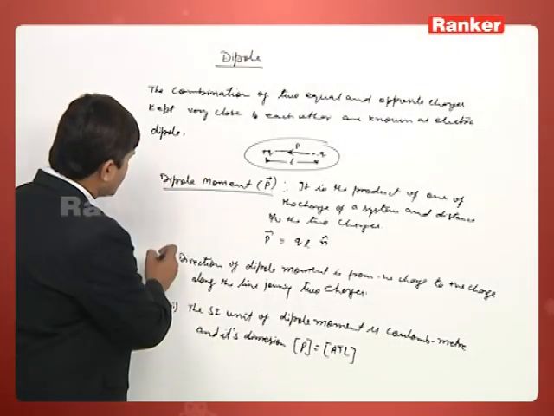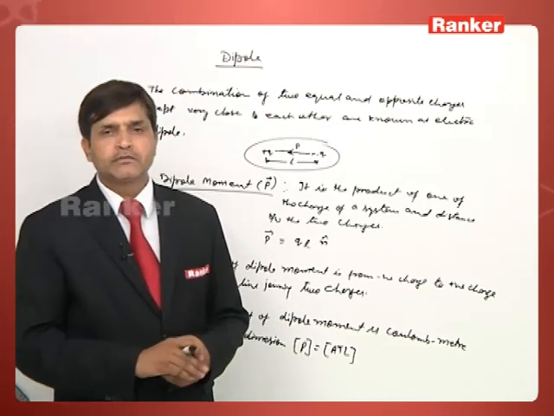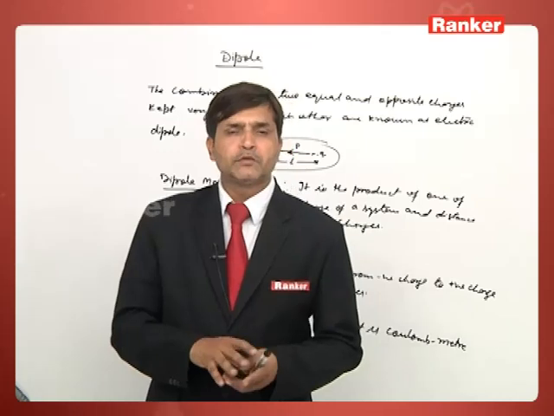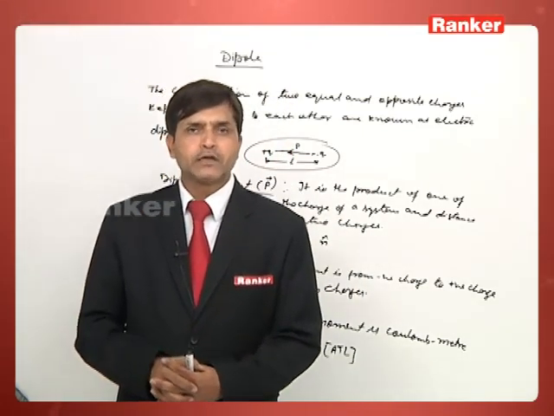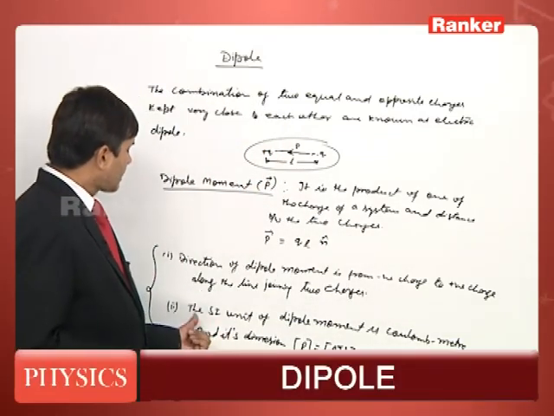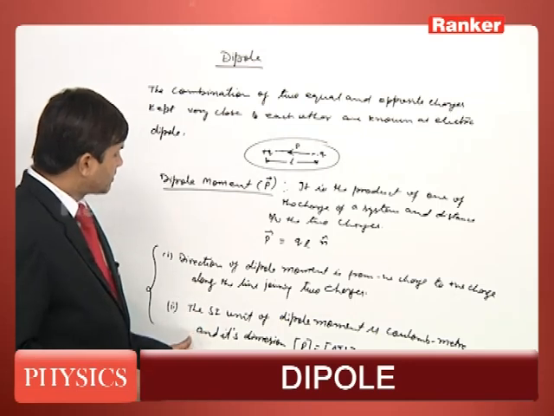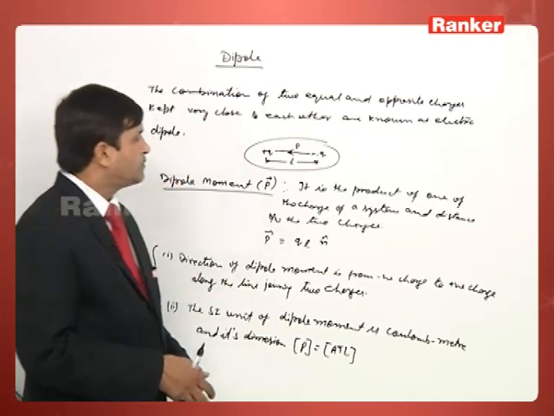These two are the important points regarding dipole moment. One is the direction of dipole moment, which is always from negative charge to positive charge along the line joining the two charges, and dipole moment is a vector quantity. Second is the dimension ATL and SI unit coulomb meter.